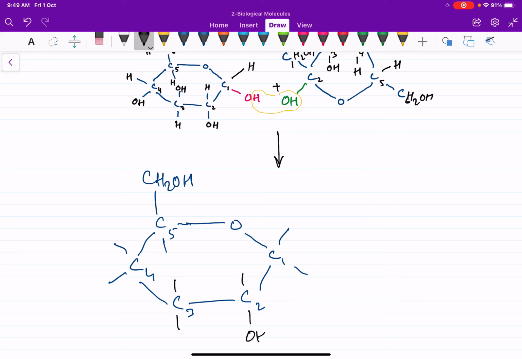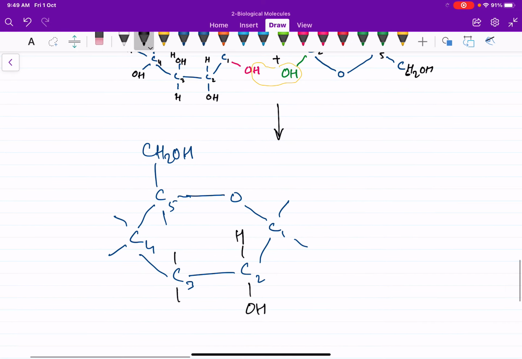So this is an OH group here, an H here, an OH group here, H here, hydrogen here, an OH group here, and hydrogen here. Carbon number 1 has an OH group here, and hydrogen here.